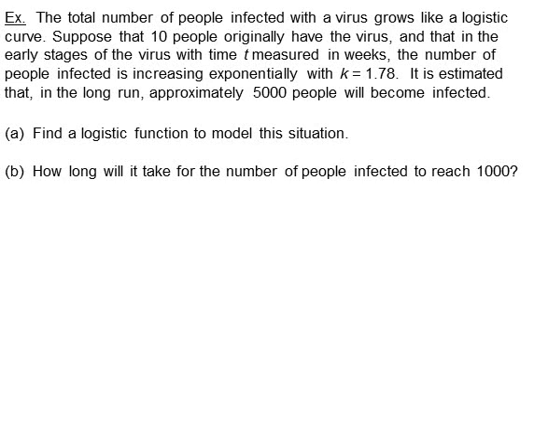In this example, the total number of people infected with a virus grows in a logistic pattern. An initial population of 10 people have the virus, and the number of people infected increases with a growth rate of 1.78. In the long run, an estimated 5,000 people will be infected. In Part A, we'll write a logistic model for this situation.